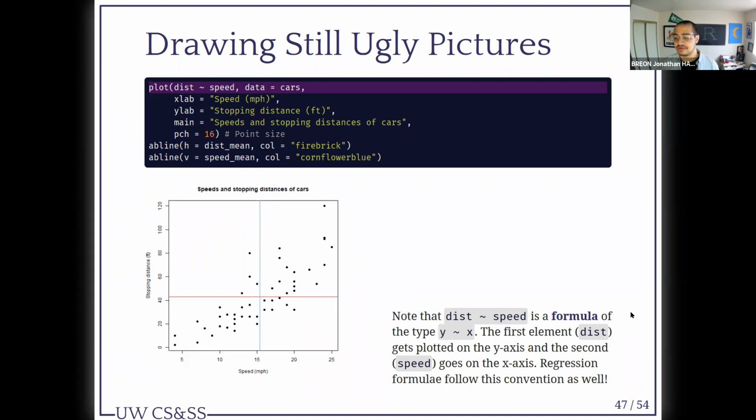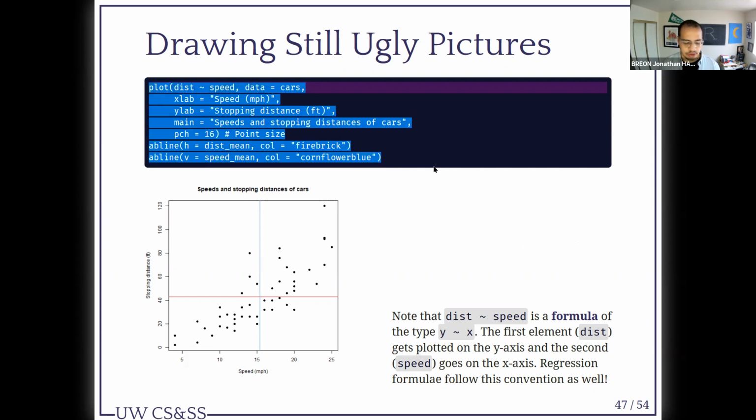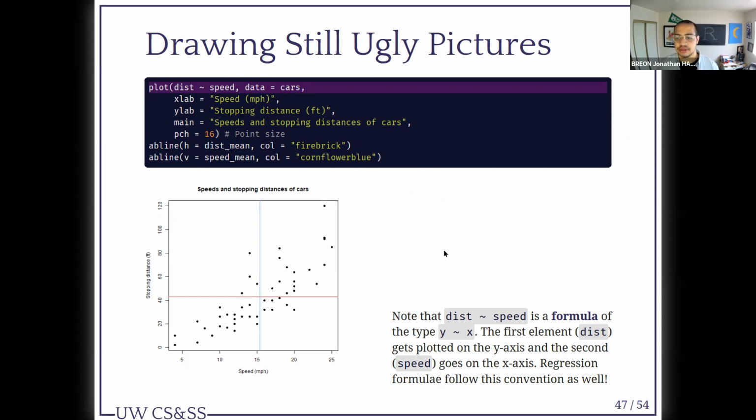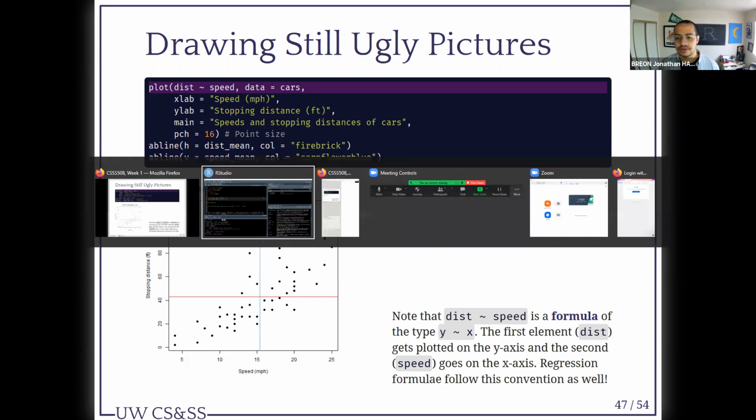Regression formulas follow this convention as well. So once we get to week 10, we'll be seeing a little bit more of how this is set up, as well as in week 2 and week 4 if you do the advanced homework. But I provided this here as an example of how you could make a scatter plot and provide some interesting values.